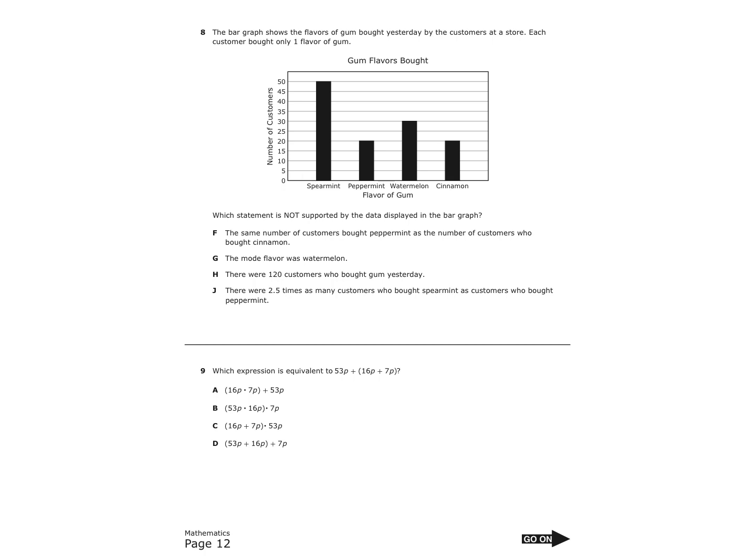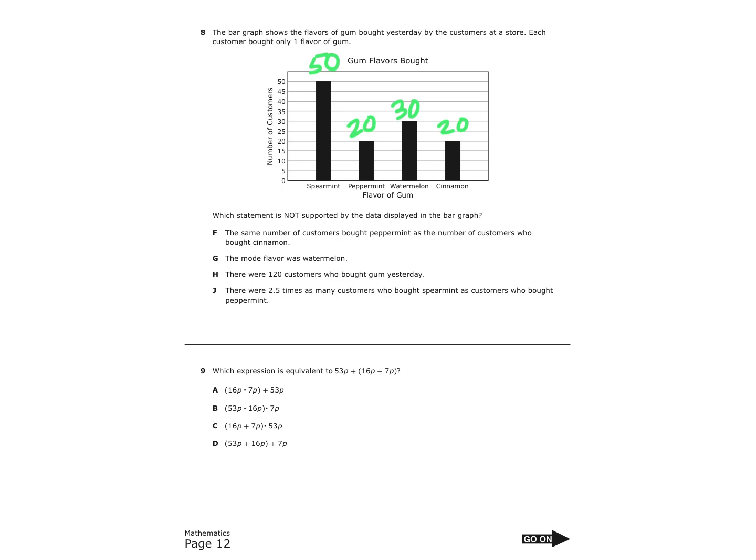For spearmint, it goes all the way up to 50, so I'm going to write 50 for that one. The peppermint goes all the way up to 20, so that one is 20. And the watermelon goes up to 30, so looking across number of customers, that one is 30. And for cinnamon, if you go all the way across, that one was 20. So it looks like peppermint and cinnamon both had 20 customers.